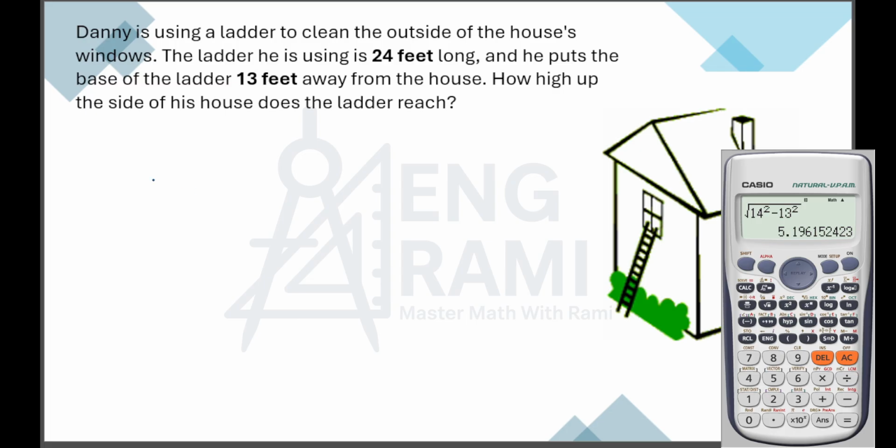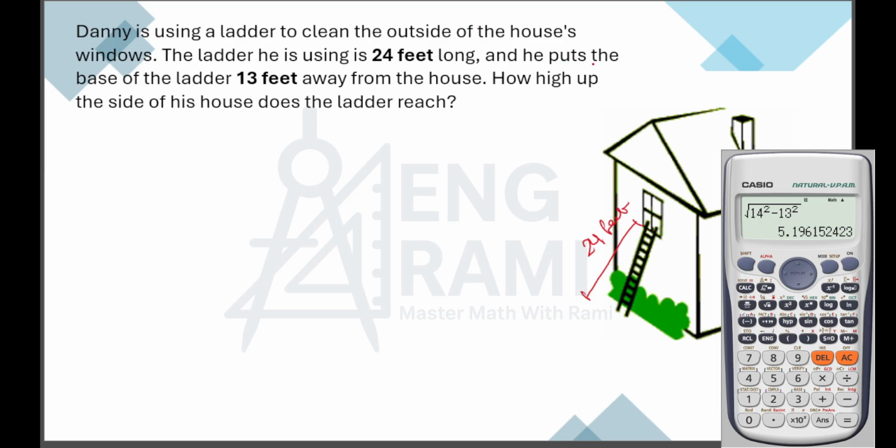Another real-life example. Danny is using a ladder to clean the outside of the house's windows. The ladder he is using is 24 feet long. That means he is using this ladder, which is 24 feet, okay?